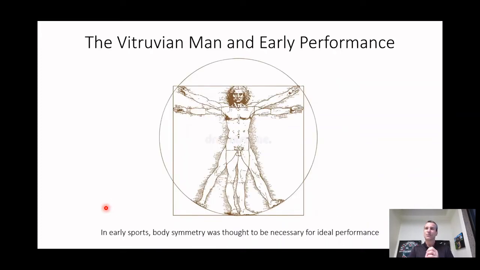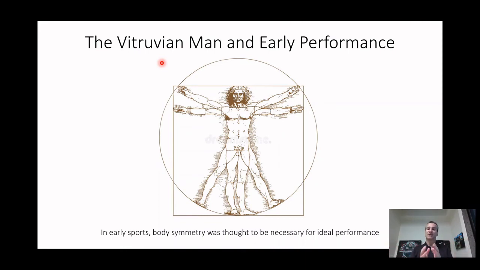All right, so early on, there was this idea that the perfect athlete was symmetrical, that every sport had this idea that if you were the Vitruvian man, and Vitruvian man was this image that you see here from Leonardo, basically was showing that your arm length was the same as your height, so that you were exactly in proportion.